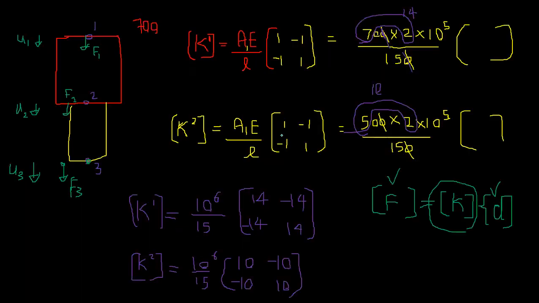You remember, for any element, this is its u1. So for the first element, this is u1 and u2. This is u2 and u3, because this element is connected to u2 and u3.